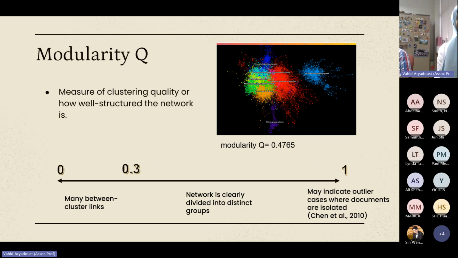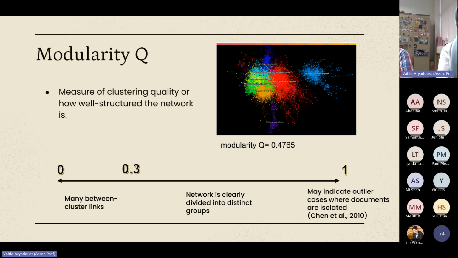Okay, so another metric is the modularity Q, which is a measure of the clustering quality, of how well structured the overall network is. So you saw this image from earlier, and our value is not very high, but it's not bad either. So modularity Q of 0.4765.